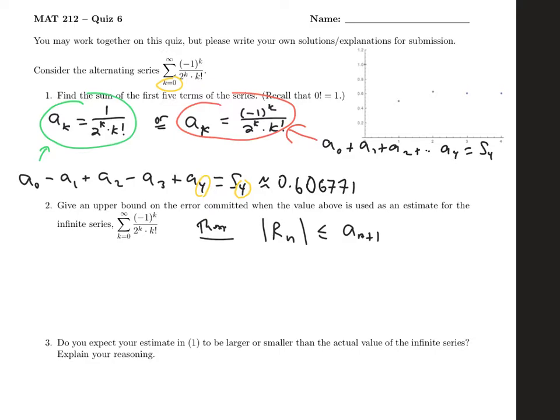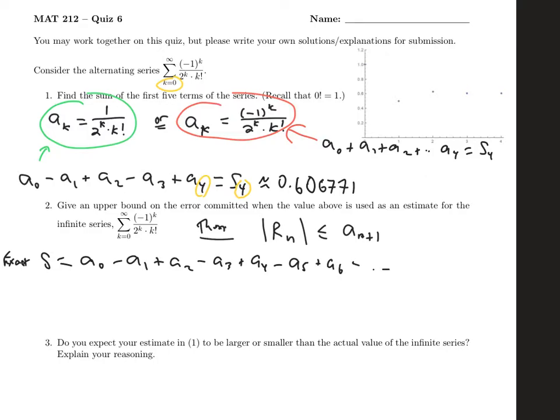So for the remainder, let me just again write down some of these terms. So the exact S, the exact value of the infinite series, is going to be this thing forever. I won't really write it down forever, but it goes like that.